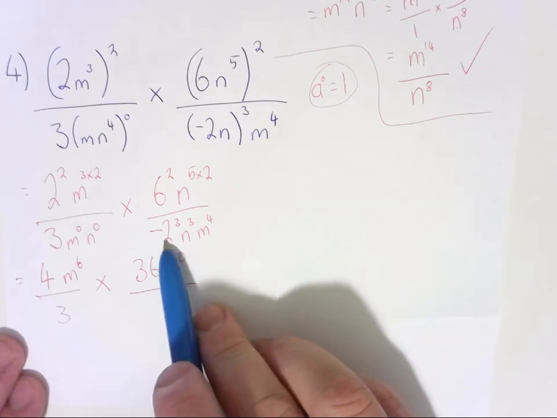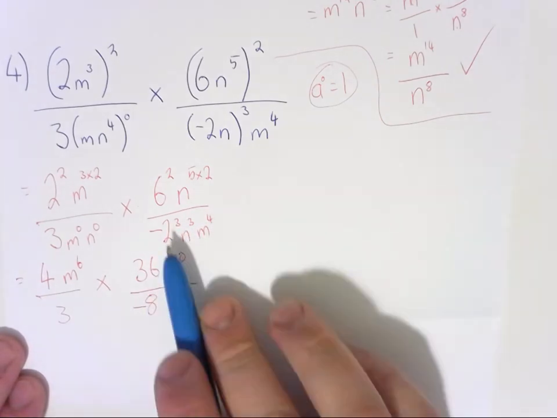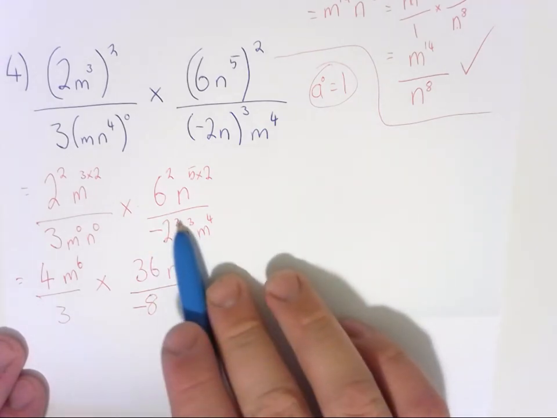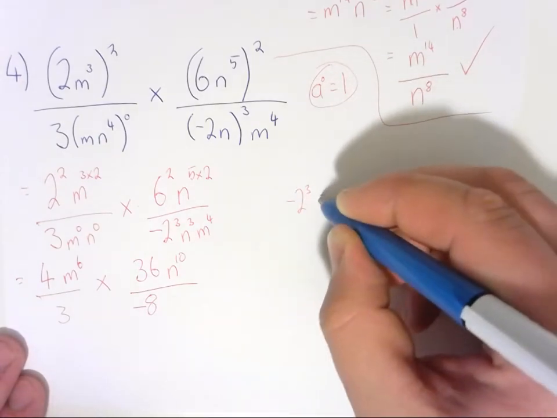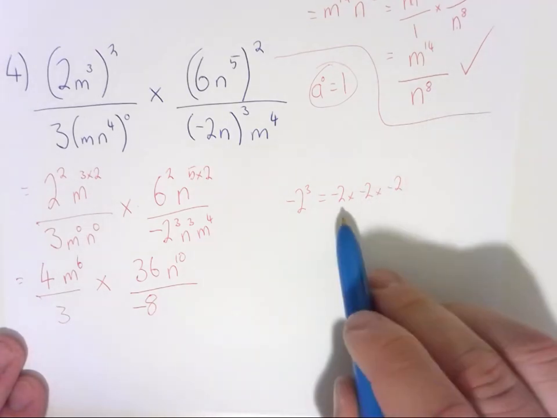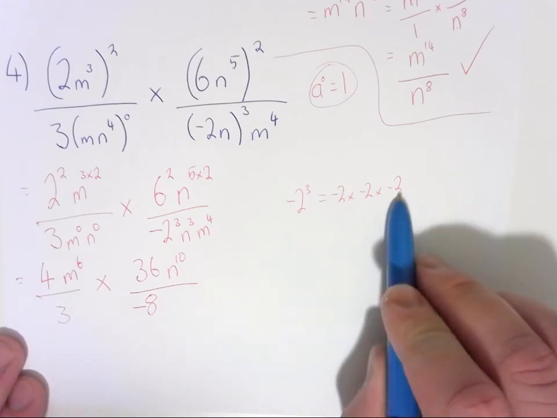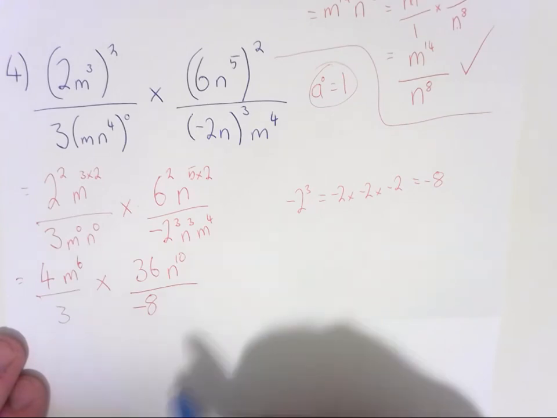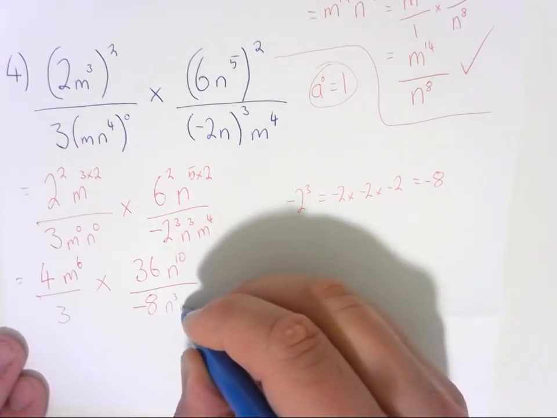Over negative 2 cubed is negative 8. Remember, any number squared will give a positive, but any number cubed will give a negative, because that is like saying negative 2 cubed is negative 2 by negative 2 by negative 2. Negative 2 times negative 2 is positive 4. Positive 4 times negative 2 gives me negative 8. Just remember that.